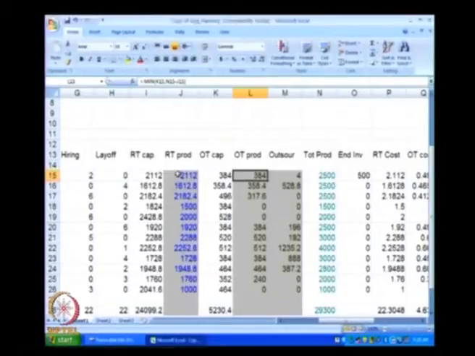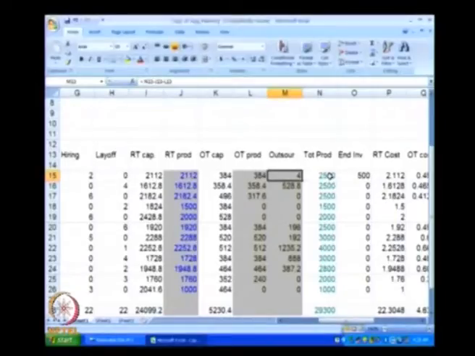Now, out of the RT and OT capacities we can get only 2496. So, the balance 4 will be treated as being outsourced. So, if the user enters 2500, first we will check what is this RT capacity.